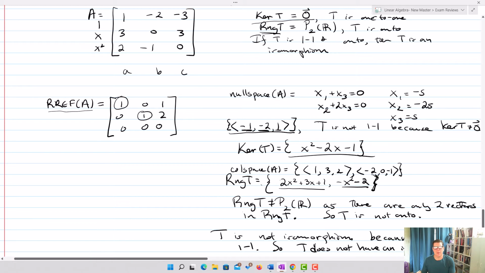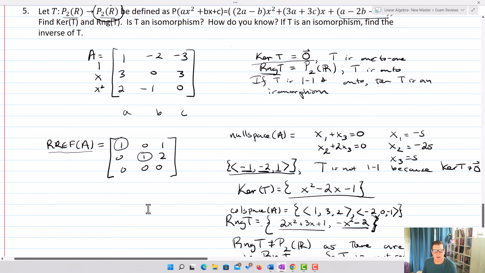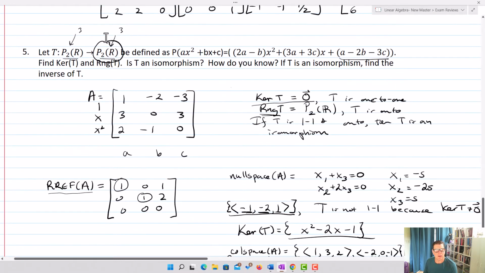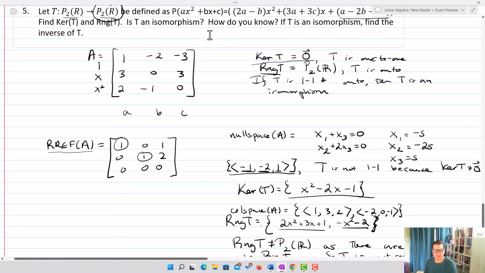So a couple things to remember here about this one, right? We want to make sure that we can transform a polynomial linear transformation into a matrix, because in my opinion, that's the easiest way to find the kernel of T and the range of T. We have these requirements. The kernel of T equals 0 for T to be 1 to 1.